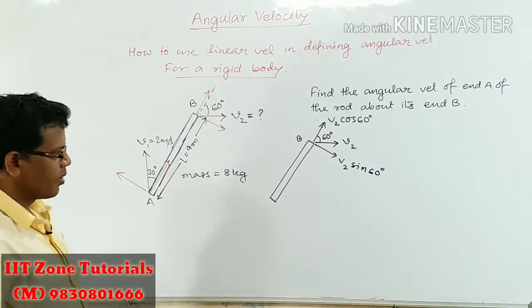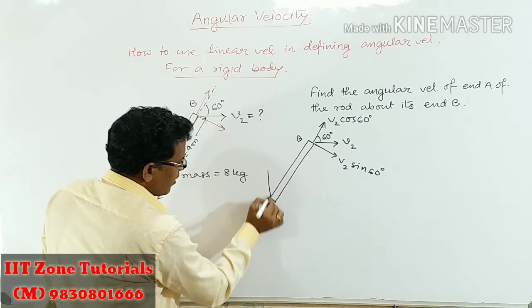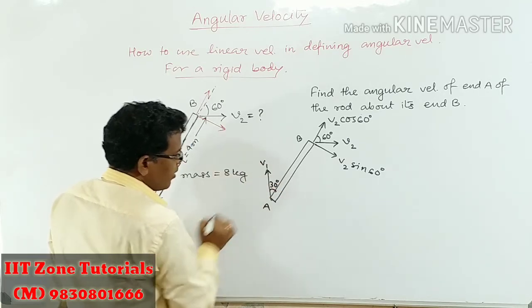Is there any problem? I don't think so. Okay, so now going to the other end A, where the velocity value is v1 which is making 30 degree with the rod.